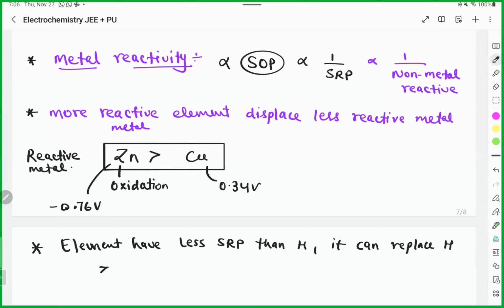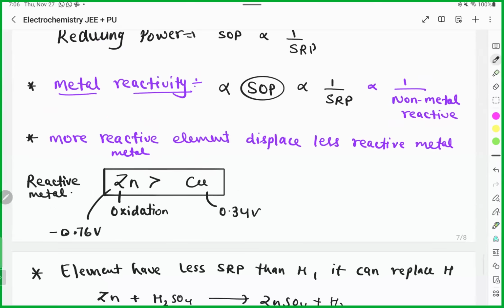Example, zinc value is minus 0.76 volt and hydrogen is 0. So what will happen? It can easily release hydrogen gas. Same method: whichever element has more SOP is more reactive. Less SRP, more reactive, right? Makes sense? Zinc has a minus value, hydrogen has 0 value, so zinc has more SOP and is more reactive.